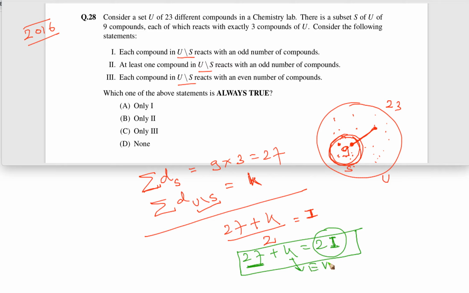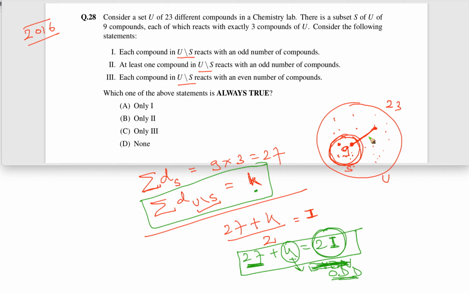So the entire point of doing this exercise was to prove that K is odd, because then only it will be added with another odd to make things even. So K is odd. My point was that this entire summation of degrees in U minus S is K.